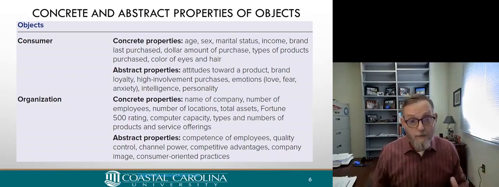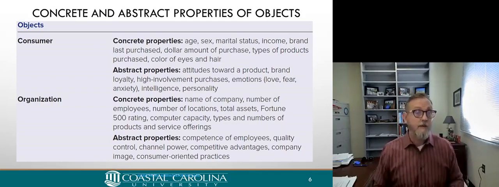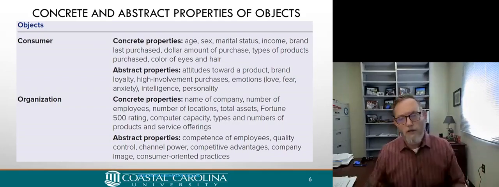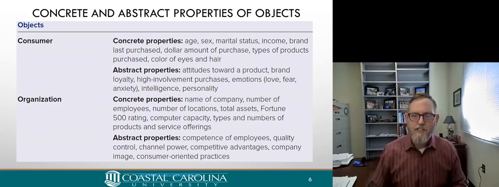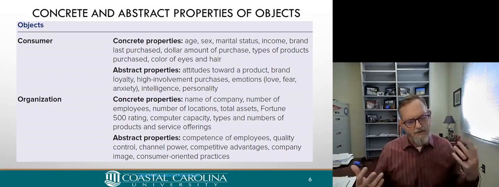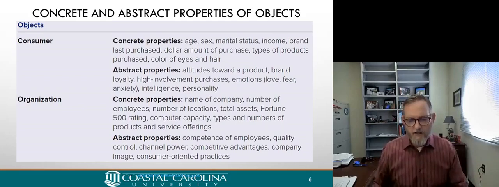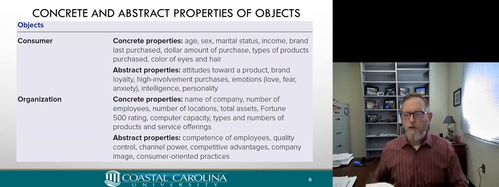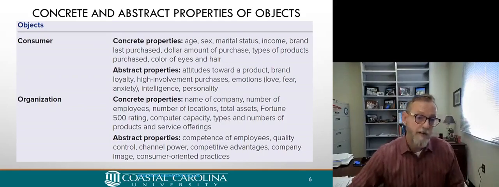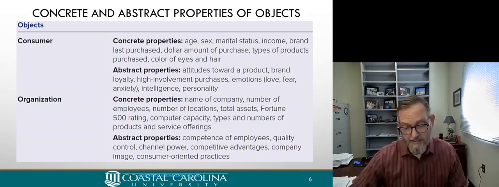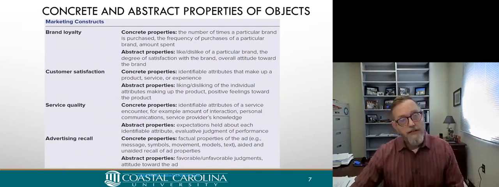Indirectly observable properties, or other abstract ones for an organization, might be the competence or ability of employees, quality control, channel power, competitive advantages, and so forth. Remember, these are ones that you can't directly observe, and they're a little more difficult to measure as a result. You have to measure them in a lot of different ways and not in a straightforward manner.